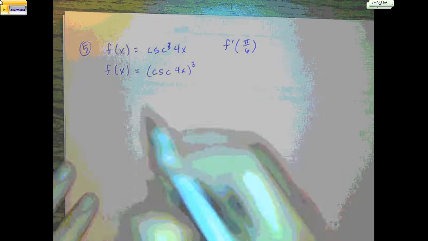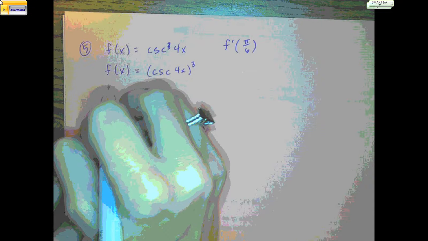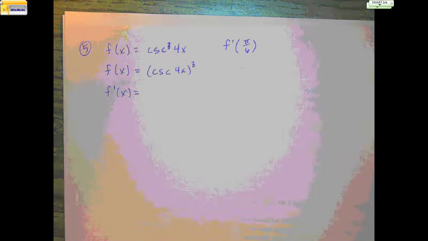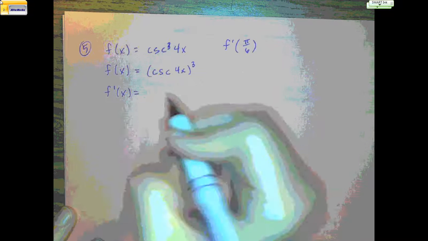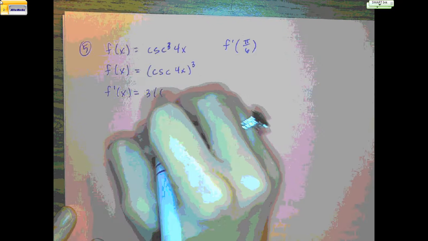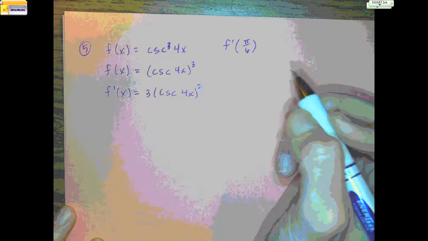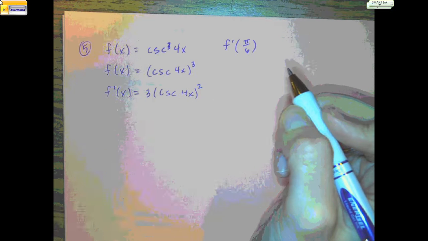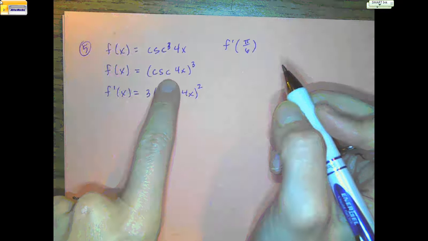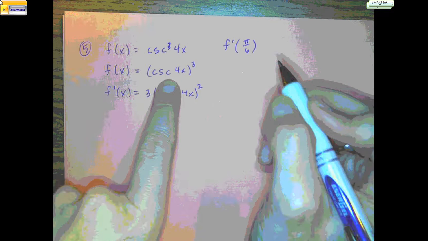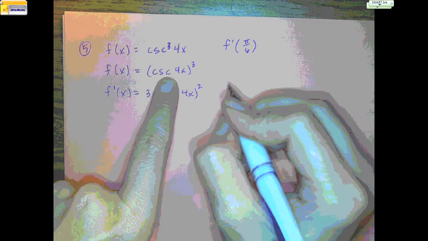So when we take our derivative, outer function first, the hard candy shell, and I get 3 times, leave the inside alone, and then make it squared. Now take a derivative of the inside. So now we've gotten to the chocolate. What is the derivative of cosecant?